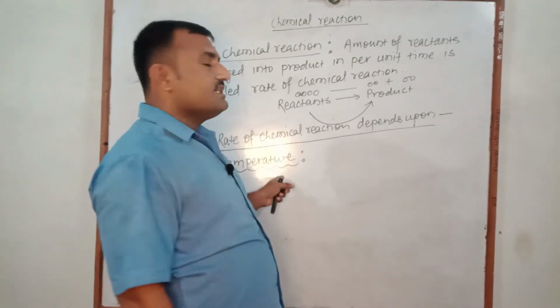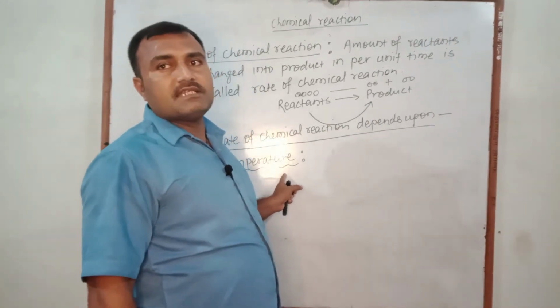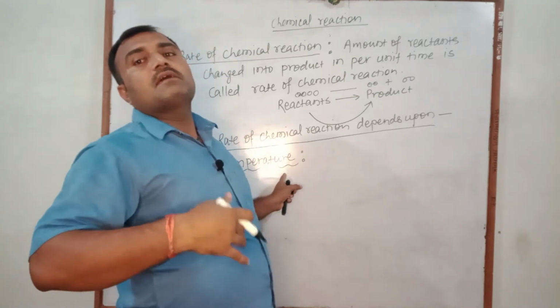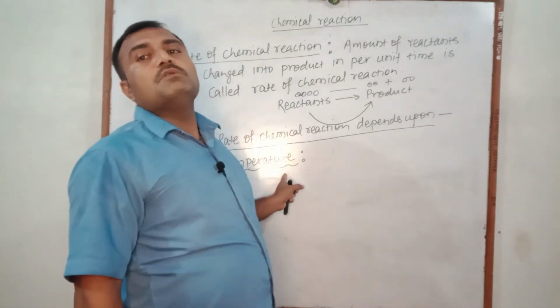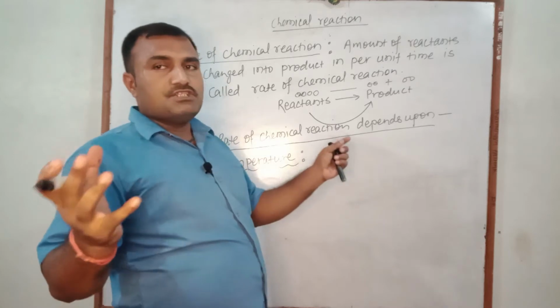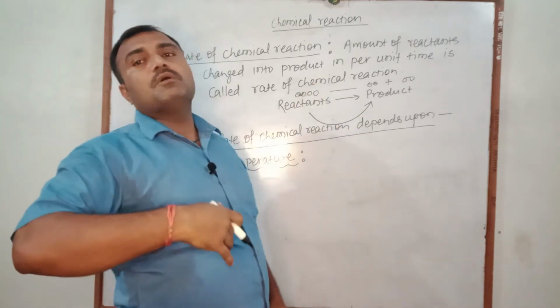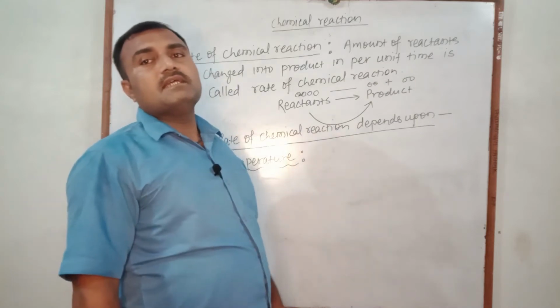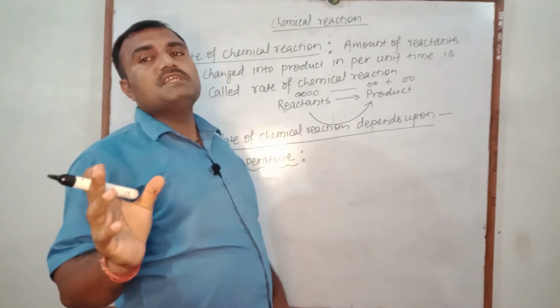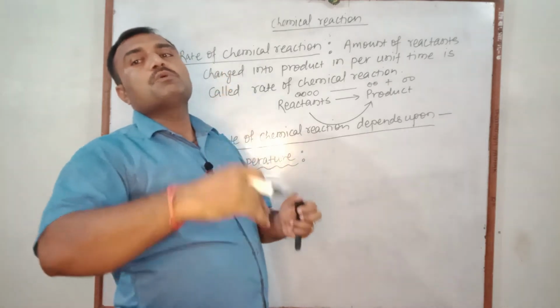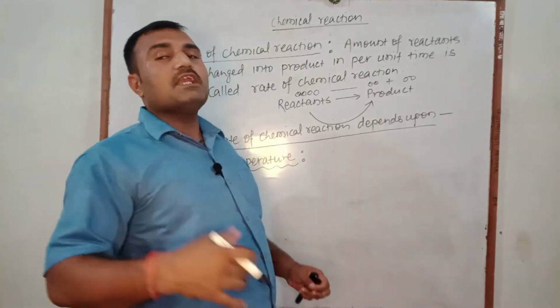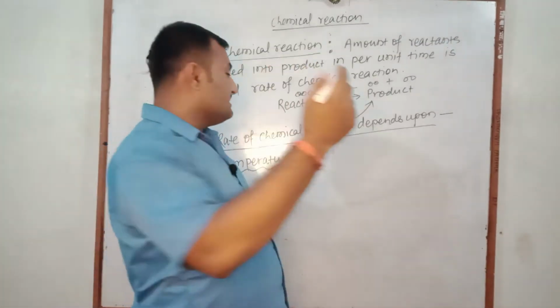When we give heat energy to the reactants, the kinetic energy of the molecules increases. As a result, reactant molecules collide with high kinetic energy, every collision becomes effective to give product, and the rate of chemical reaction increases.